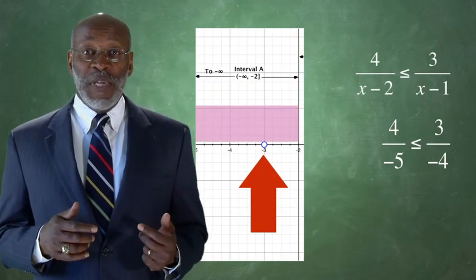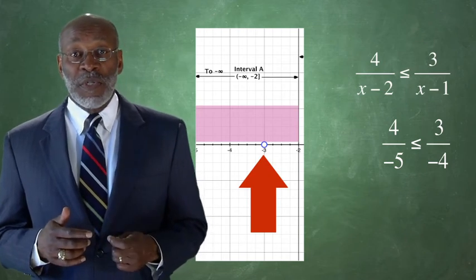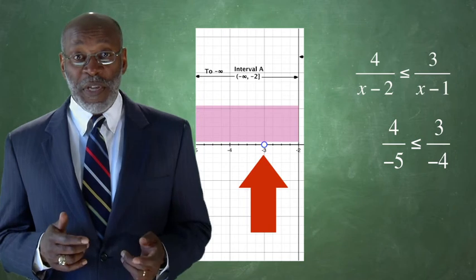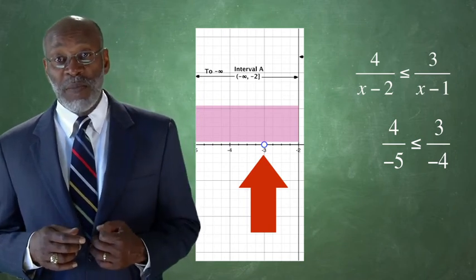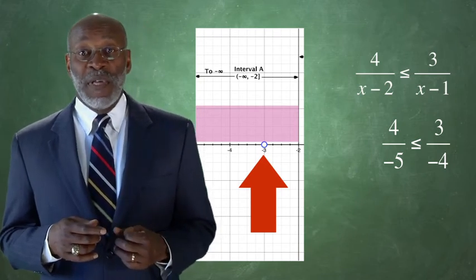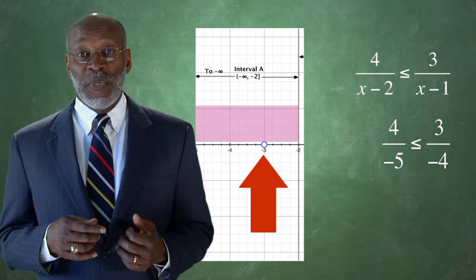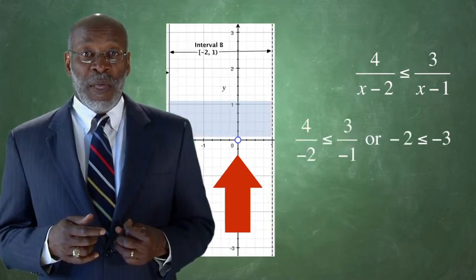Choosing a point from each interval, let's choose the point negative 3 from interval A. The original inequality becomes 4 divided by negative 5 is less than or equal to 3 divided by negative 4, which is true.